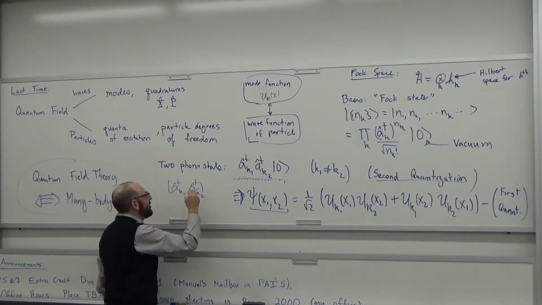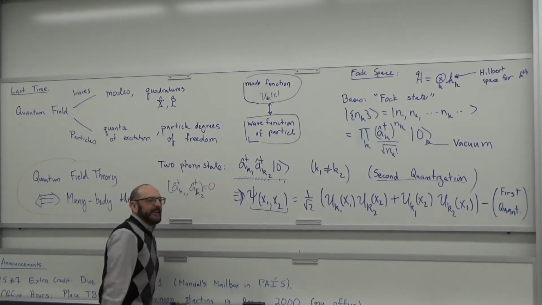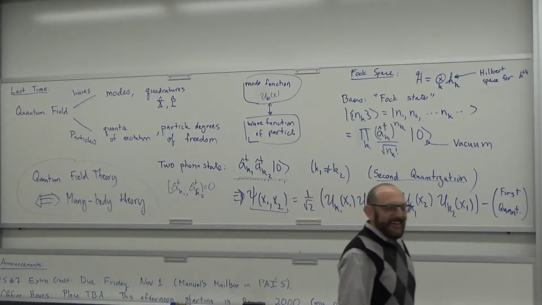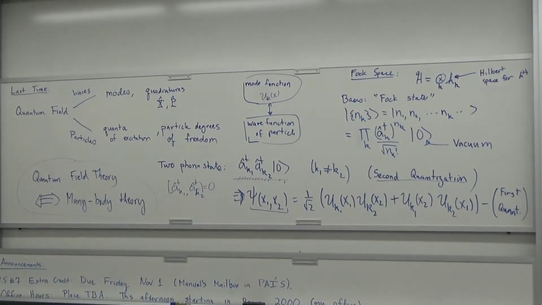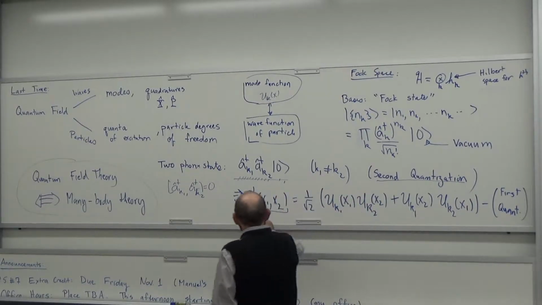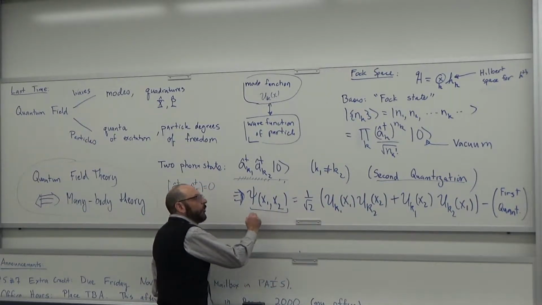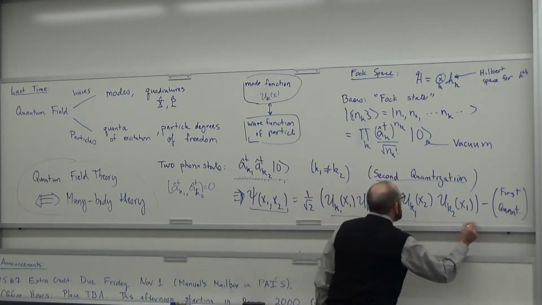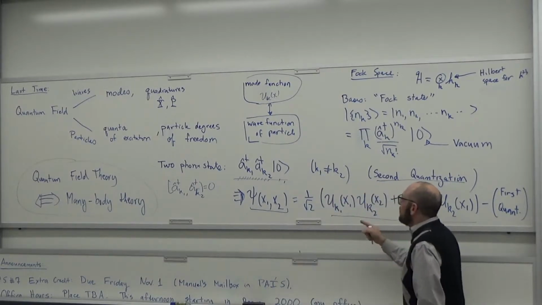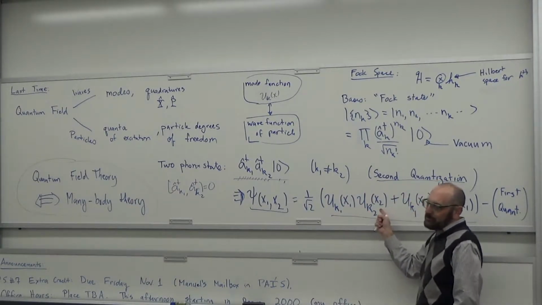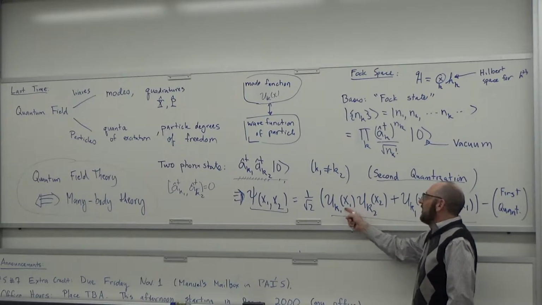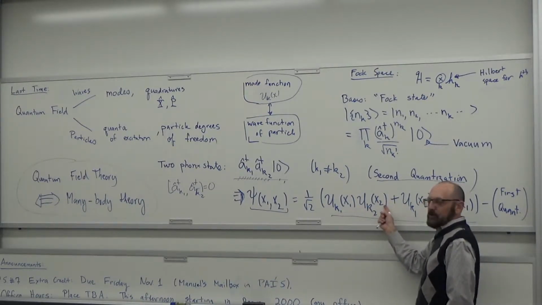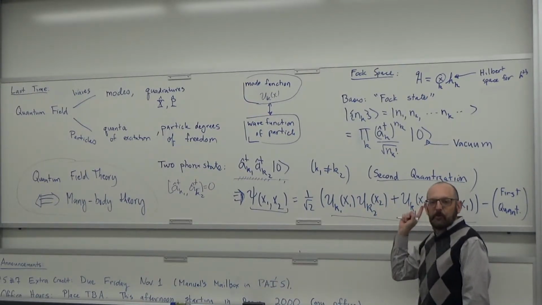I'm going to have ink on me for the rest of my life in this room, commute, that the two-particle wave function is symmetrized. I can't say which is particle 1 and which is particle 2. Particle 1 could be in mode K1 and particle 2 in mode K2, or the other way around.